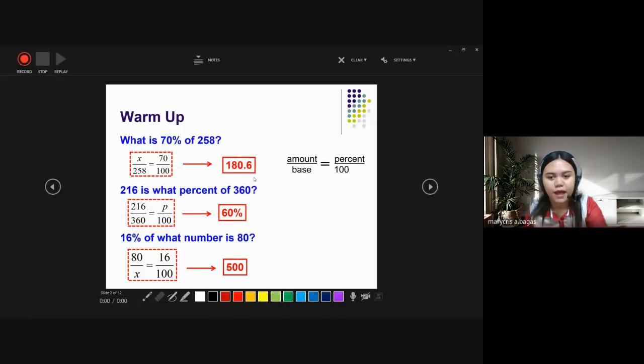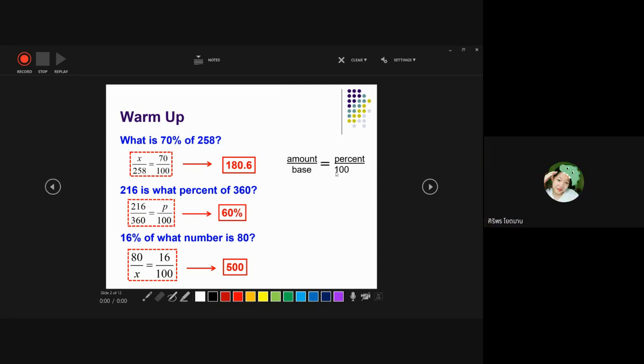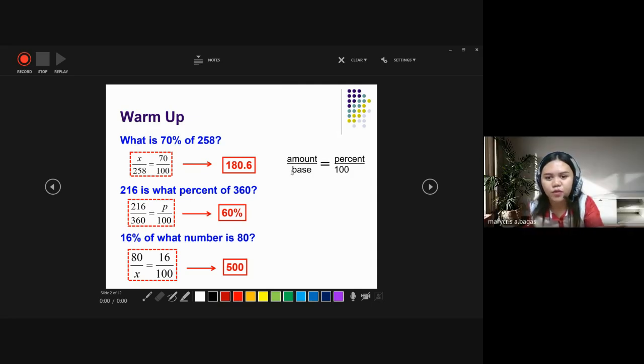Okay. How to solve this one? We have amount over base is equal to percent over 100. So the question here: what is 70% of 258?